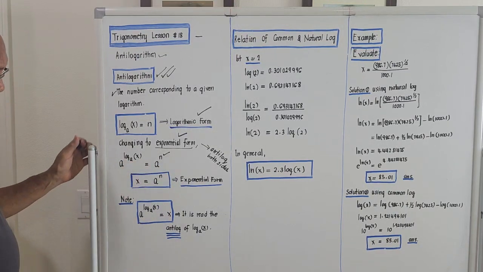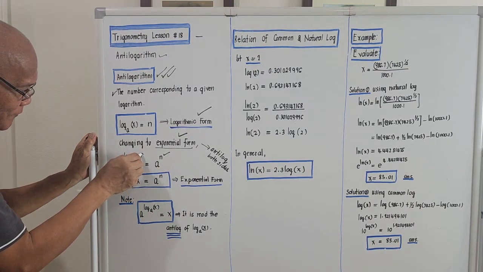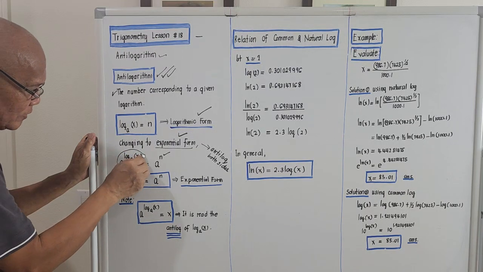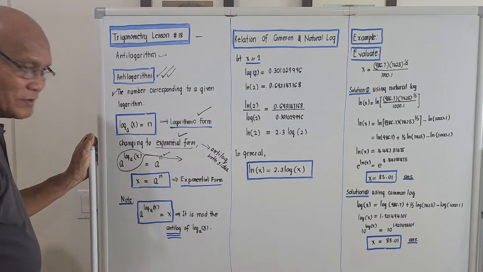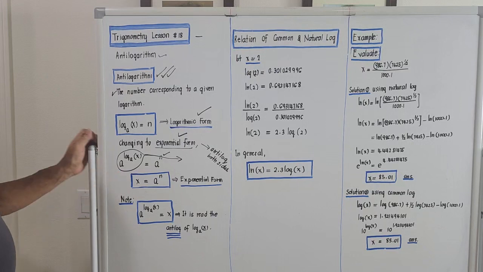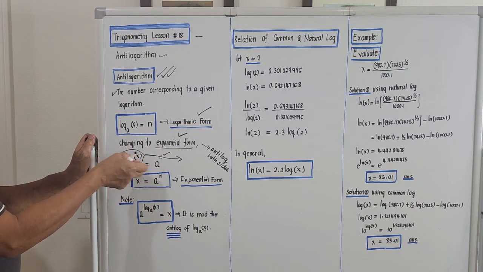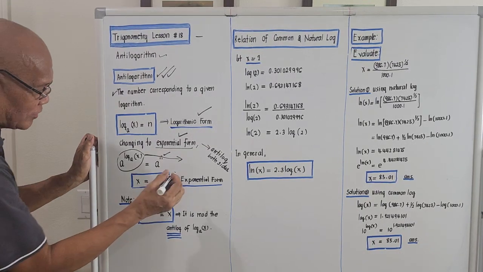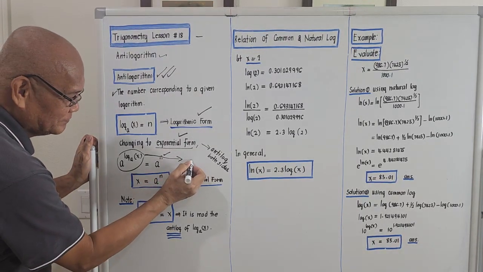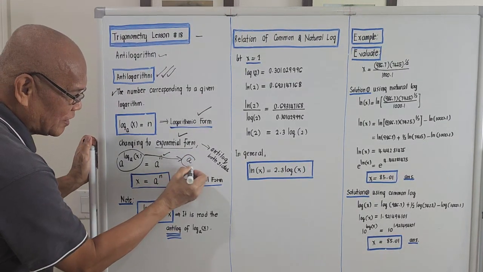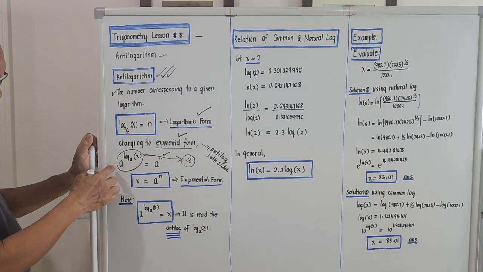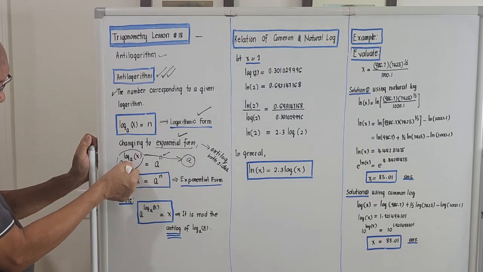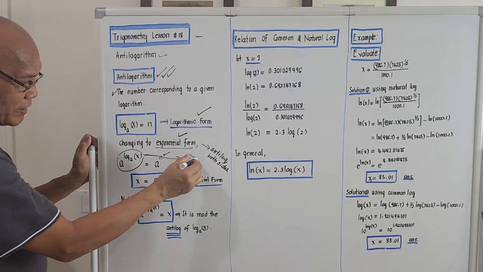But if we try to simplify this one, do you know the simplification of this? That is a raised to the logarithm of x with the base of a. It is actually x. A raised to the logarithm of x with the base of a is just actually x.